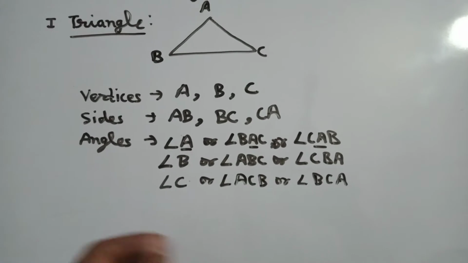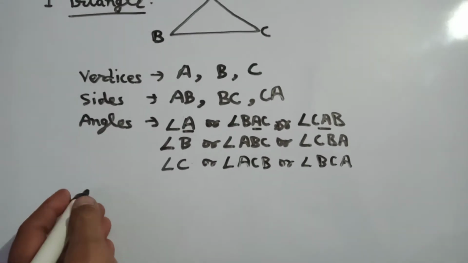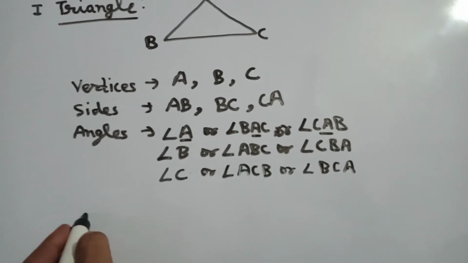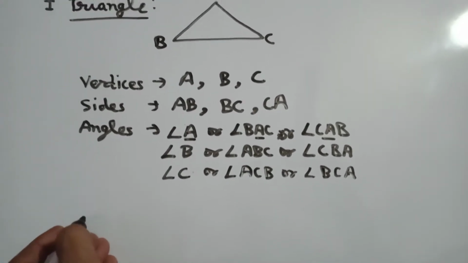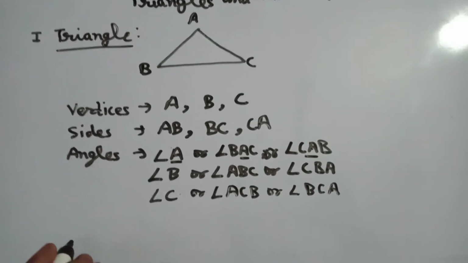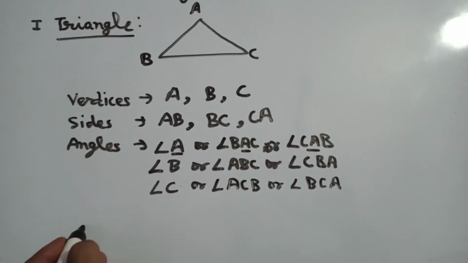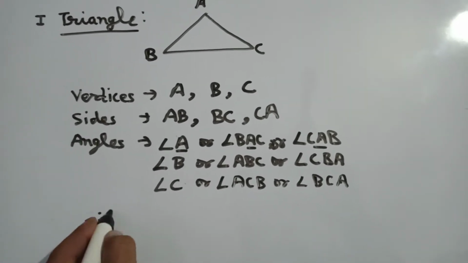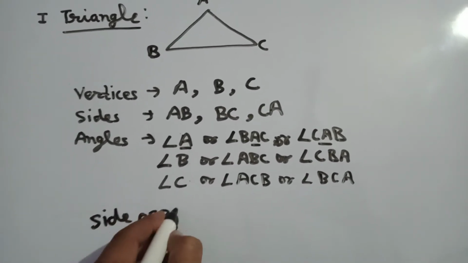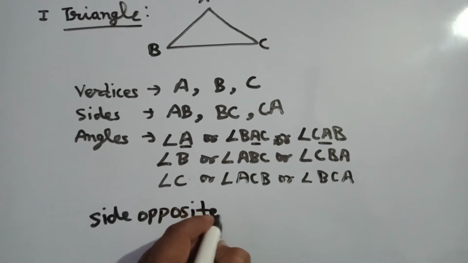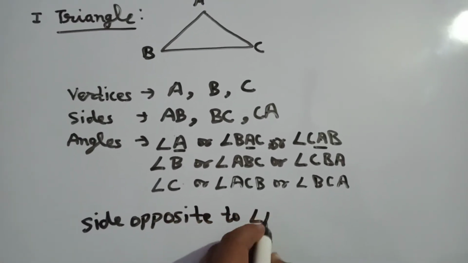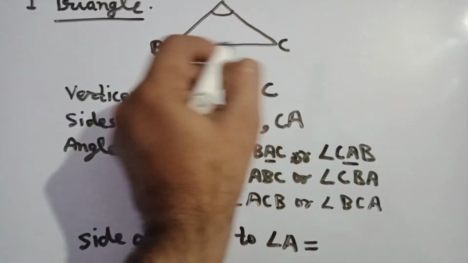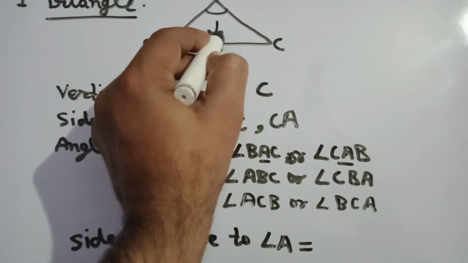But what is the opposite side of angle A? Here is a new concept you have to learn. Side opposite to angle A. Here, the side opposite to angle A is called BC.